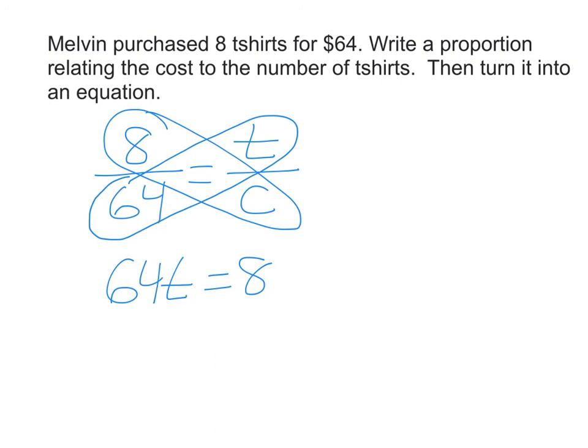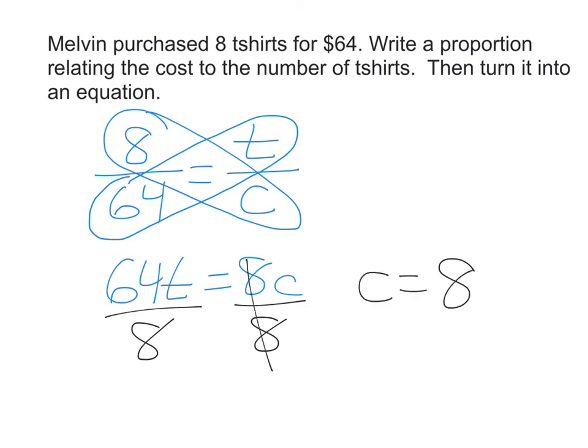Let me erase that. I want the total cost, which is C, so I'll divide both sides by 8. That's better. So I find out that C is equal to 8 times the number of t-shirts that I bought.